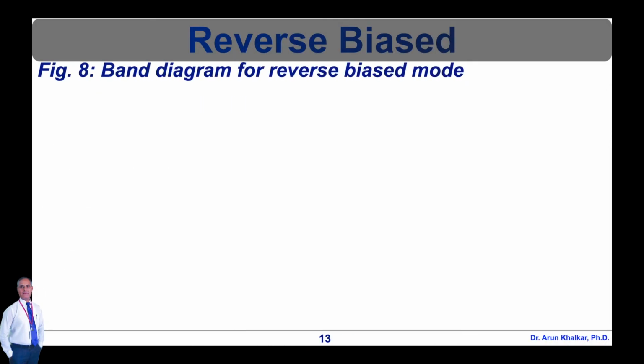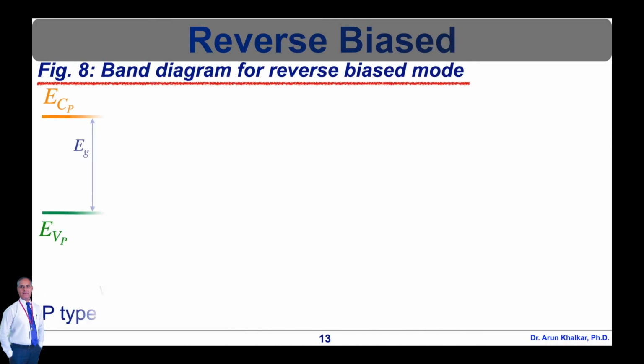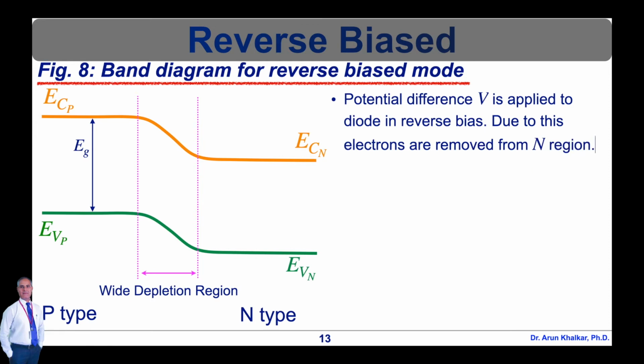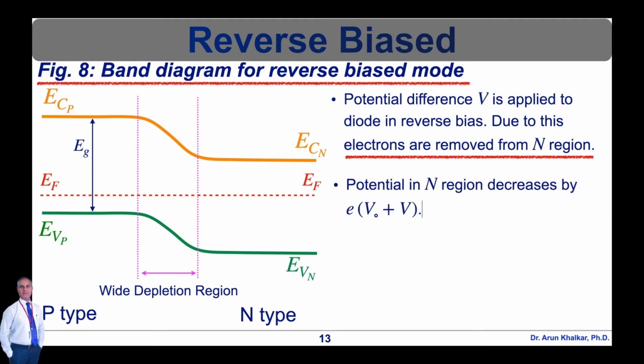Now let's see the band diagram for reverse biased mode. An external potential difference, capital V, is applied to the diode in reverse bias. Due to this, electrons are removed from the N region. Hence the potential in the N region decreases by e times (V0 plus V). Electrons enter into the P region and hence the potential in this region rises.